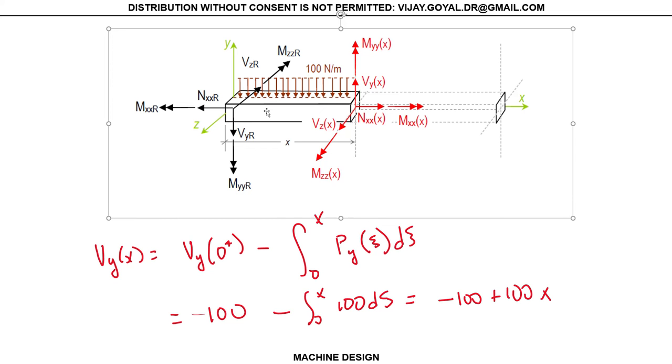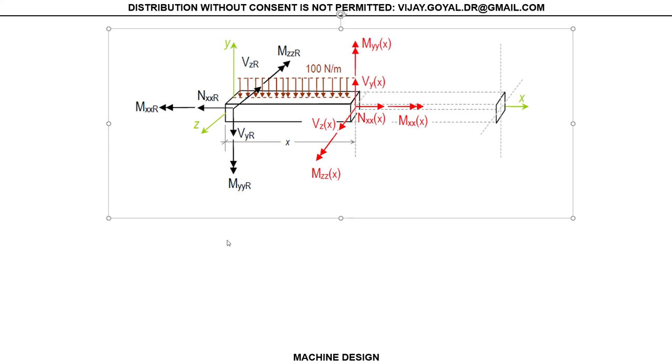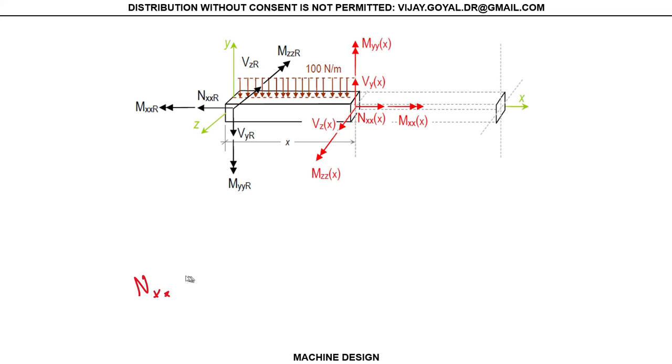Okay? So that's how you find your Vy. Nx is easy because that was actually equal to 0. So your Nxx of x is 0.